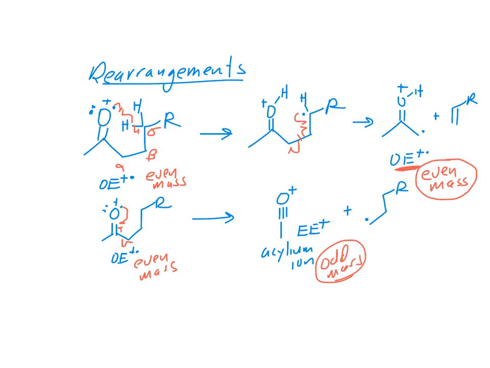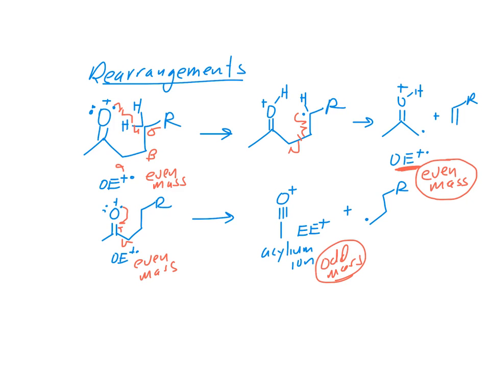So if we're looking at a mass spectrum of a molecule that has no nitrogen, usually all the fragment ions are going to be odd masses. However, if a rearrangement takes place where we break more than one bond and or a hydrogen gets transferred, then we can get an odd electron ion as a fragment ion.